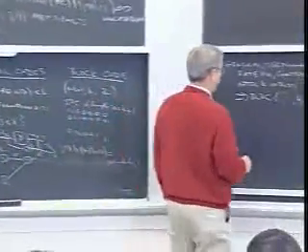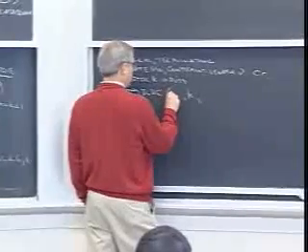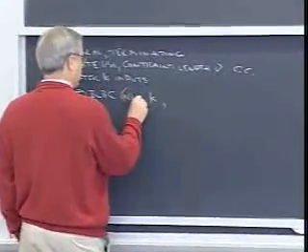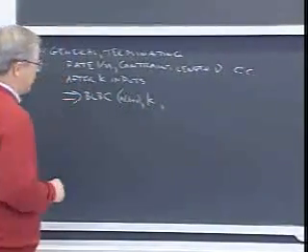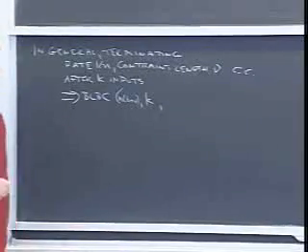At each output time I get n output bits, so n times k plus nu is the total effective length of the code.